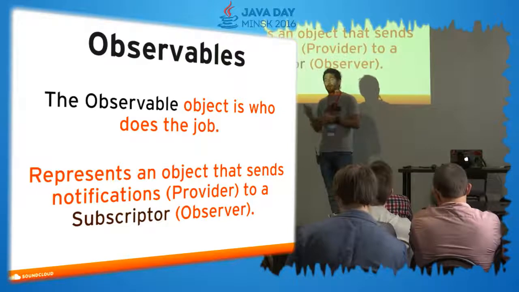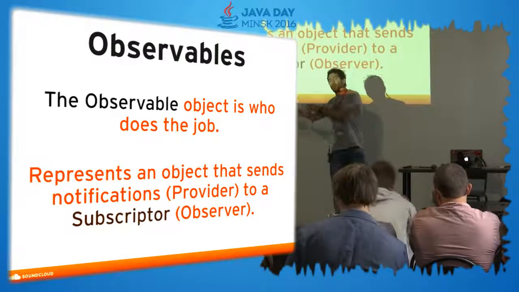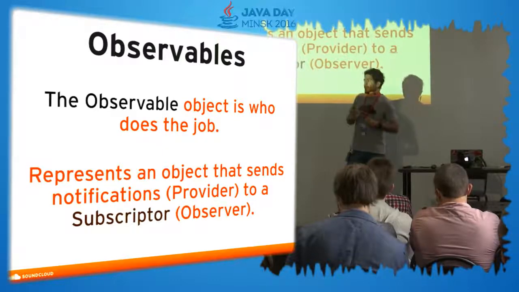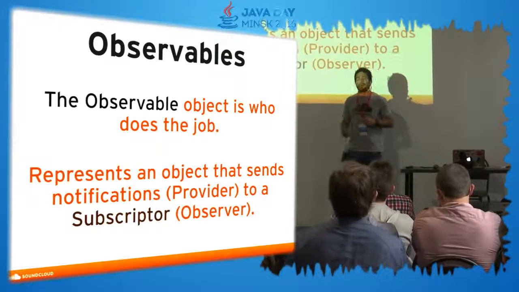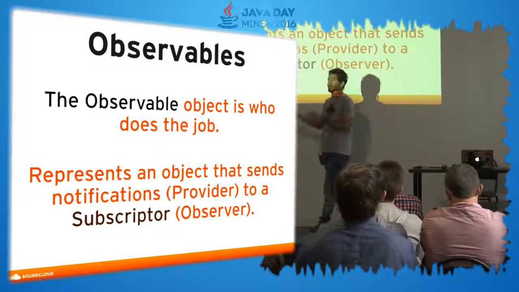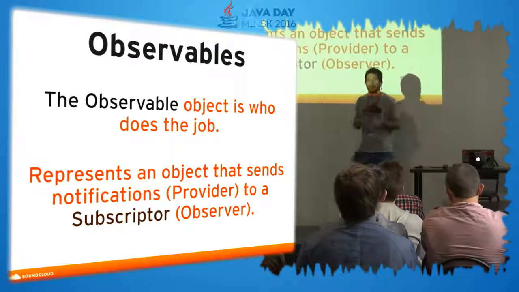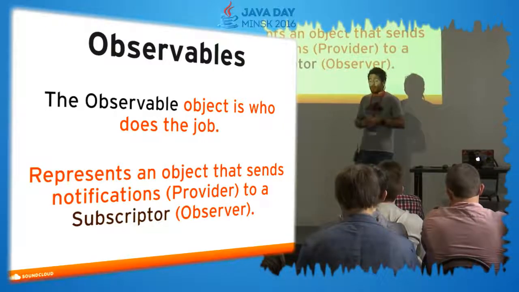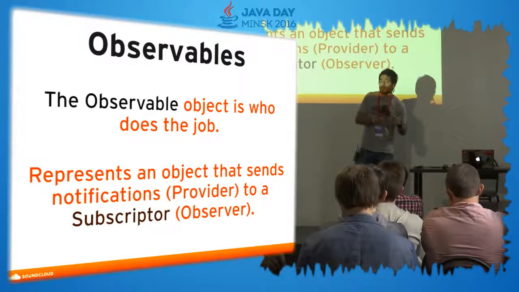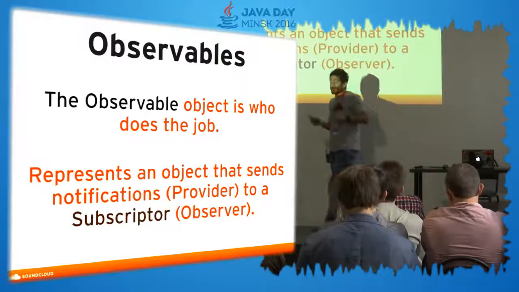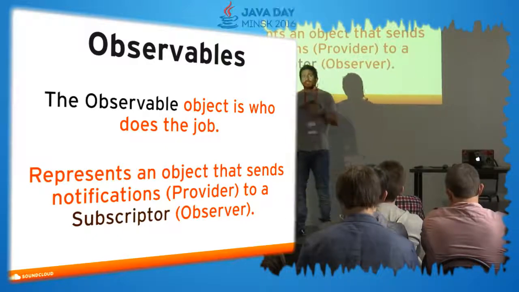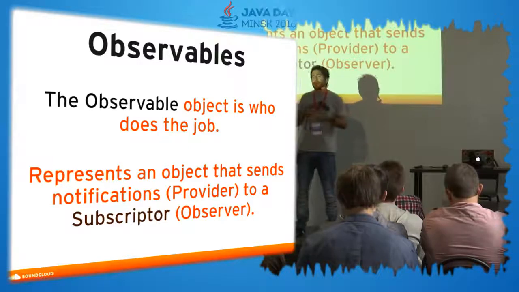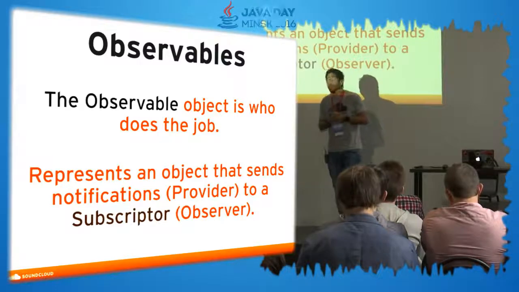In imperative programming, what we are doing is just pulling the data, right? On the other hand, in reactive programming, our producer executes any task and then emits something, and our consumer is just waiting and consumes that data. So it's more of a push model. That simplifies multi-threading a lot.